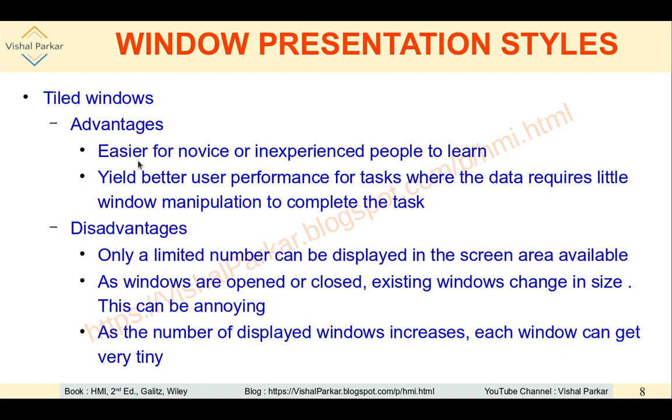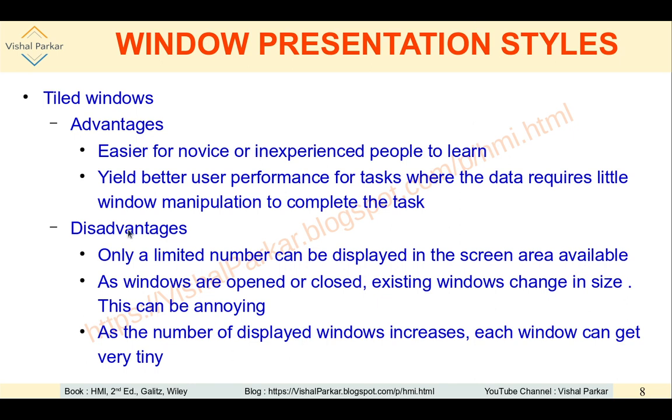But imagine a complex image manipulation application like Photoshop. If you are using multiple windows, one application like Word, one application like Photoshop in a smaller part, that becomes not that easy to operate on that image in that small area.